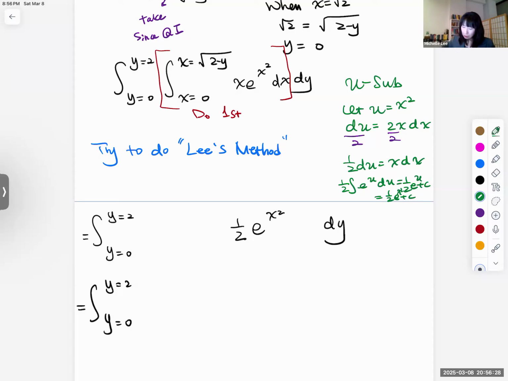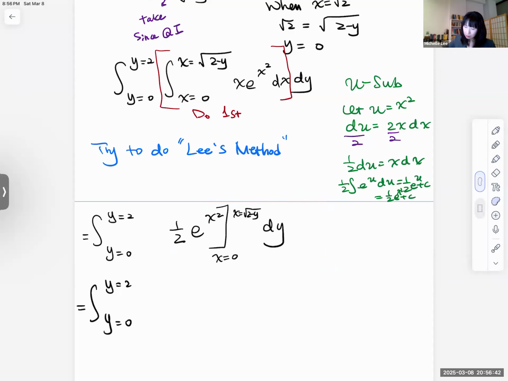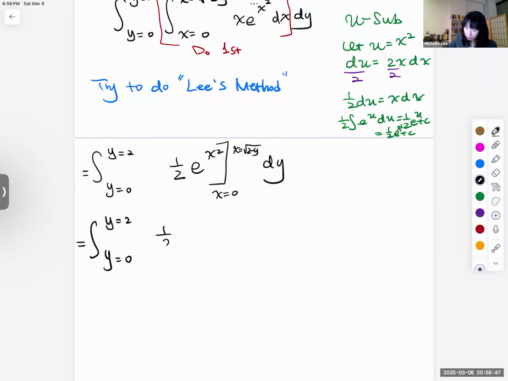Okay. All right. So then we evaluate from 0 to square root of 2 minus y. All right, so that would be 1/2 e to the square root of 2 minus y, squared, minus e to the 0, right?